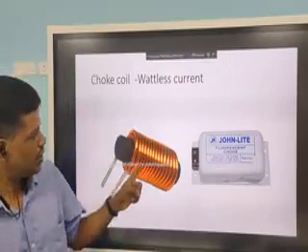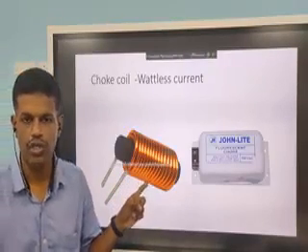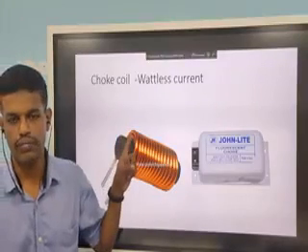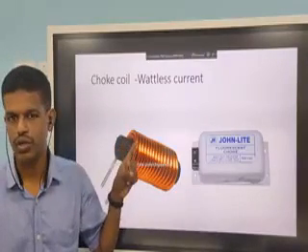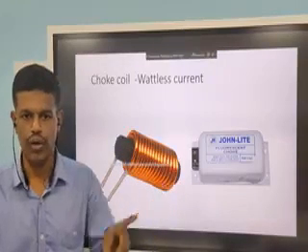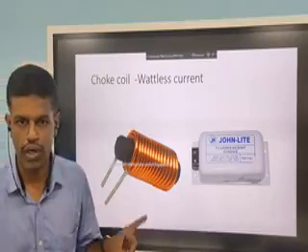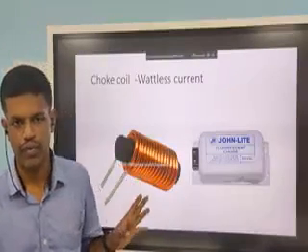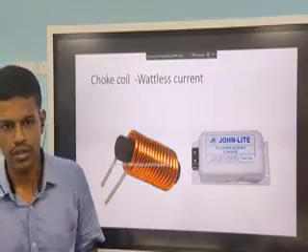The inductor itself will not consume any power. So this is the principle of a choke coil. A choke coil is an inductor used to control current without consuming any power for its own operation. For the working of a choke coil, it will not take any power. It is wattless current.